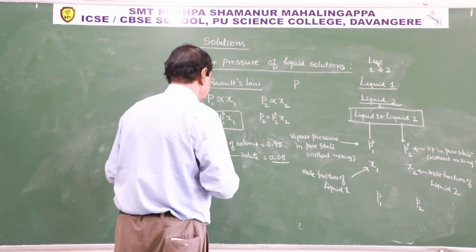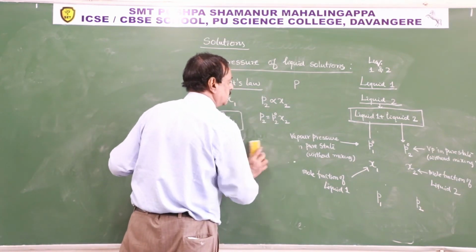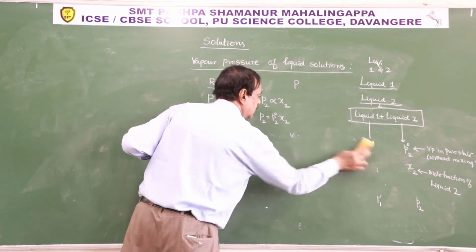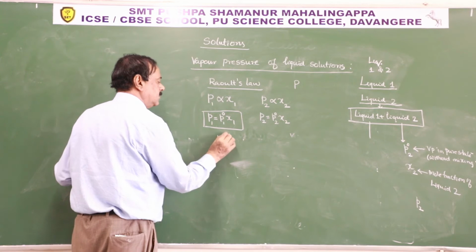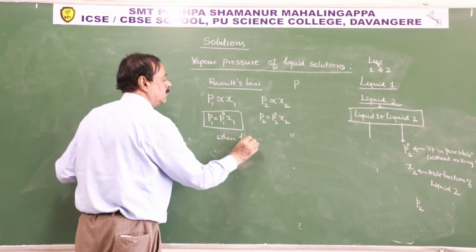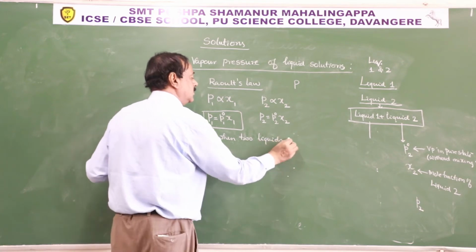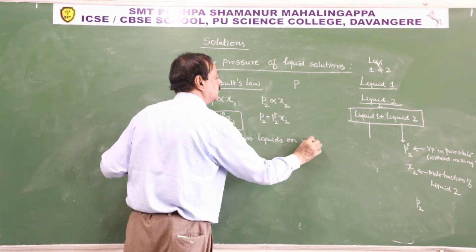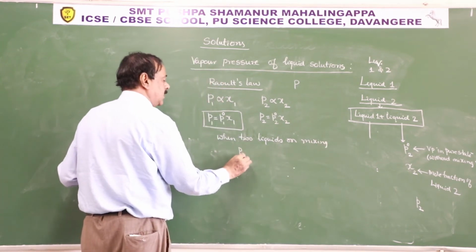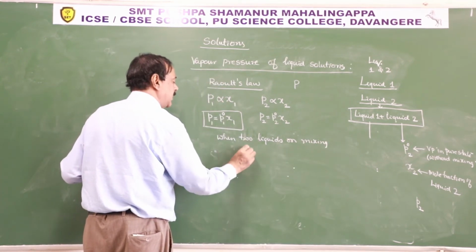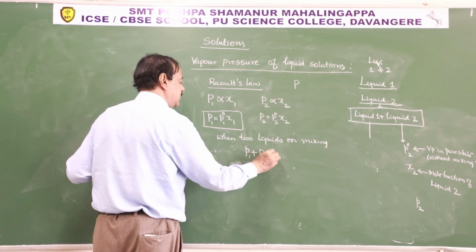Now suppose two liquids are mixed. What about the net pressure when two liquids are mixed? The total pressure, according to Dalton's law of partial pressures, is given by P1 plus P2.